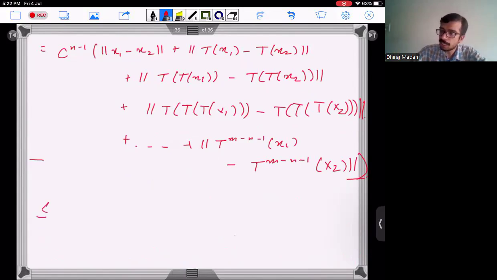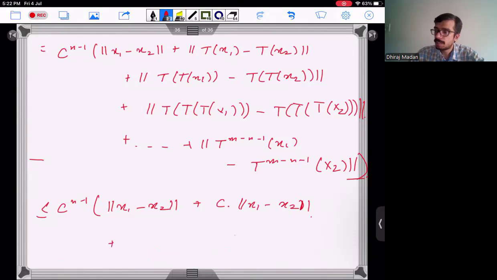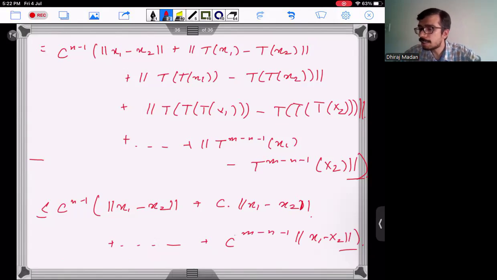And now I again use the property of contraction mapping to show that this is less than or equal to the norm of x1 minus x2 plus c times the norm of x1 minus x2 plus dot dot dot until c to the power m minus n minus 1 times the norm of x1 minus x2. And now this is a geometric sequence, and c is less than 1.